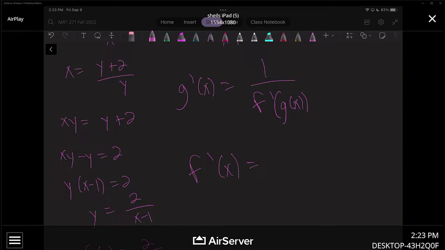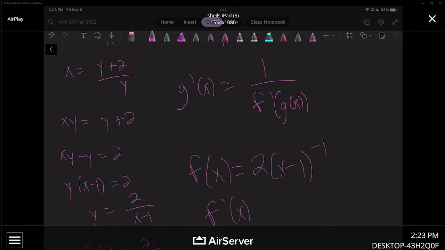F prime of x, well, it's not really even a quotient rule problem, right? I don't really have a function over a function. Keep in mind that f of x itself is really 2 times x minus 1 to the negative 1.